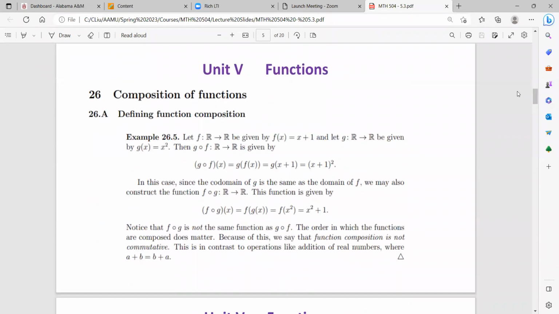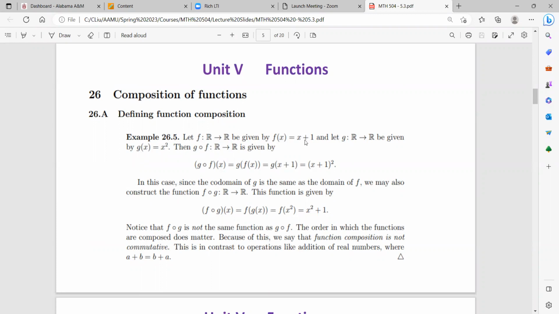Okay, let's just look at one more example. Very straight also. So suppose the function f from R to R is given by f(x) equal to x plus 1, and the function g from R to R is g of x equal to x squared.